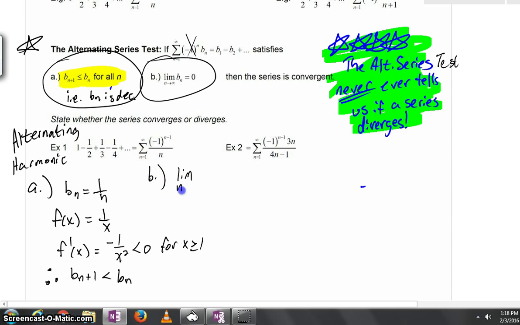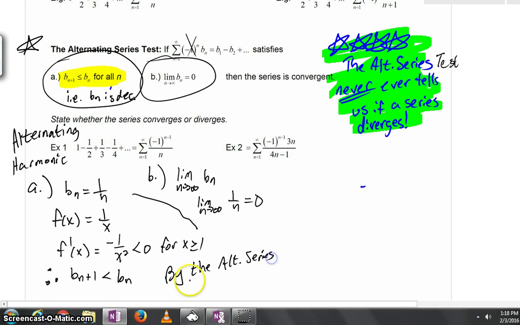Let's look at condition B. We're going to take the limit as n goes to infinity of b sub n. And we could say, well, let's see, the limit as n goes to infinity of 1 over n. Where's that going? 0. Guys, I've met both of my conditions by the alternating series test.